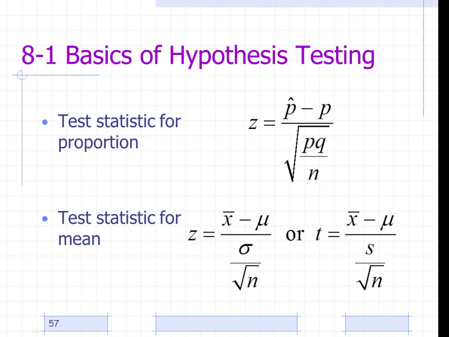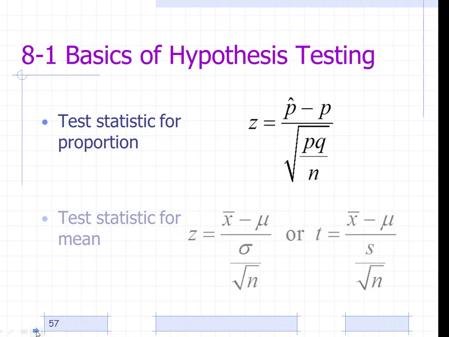But we're going to use p from our assumed value from the population, and then q would be 1 minus p. So we're going to find the difference between our sample statistic and our population parameter divided by an estimate of the standard deviation. And we're going to use z-scores when we test for proportions.